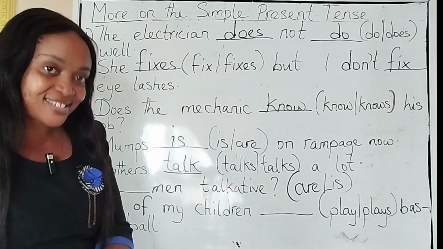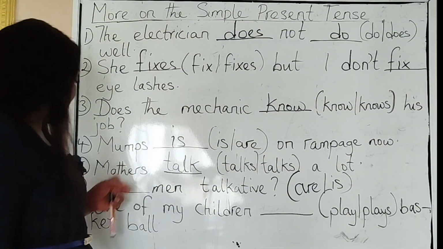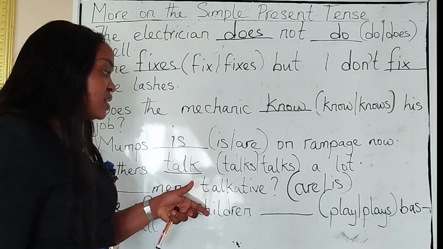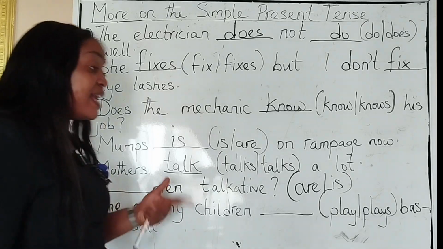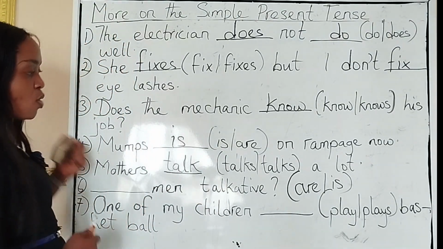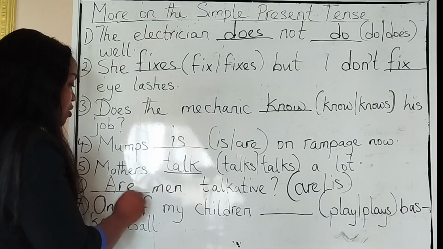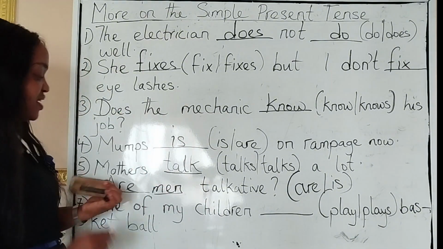We don't say they talks. All right, let's go to the next, number 6. Do we say are men talkative or do we say is men talkative? Which one do you think is the answer? Think about it. Of course, the answer is are because we are looking at men, more than one.